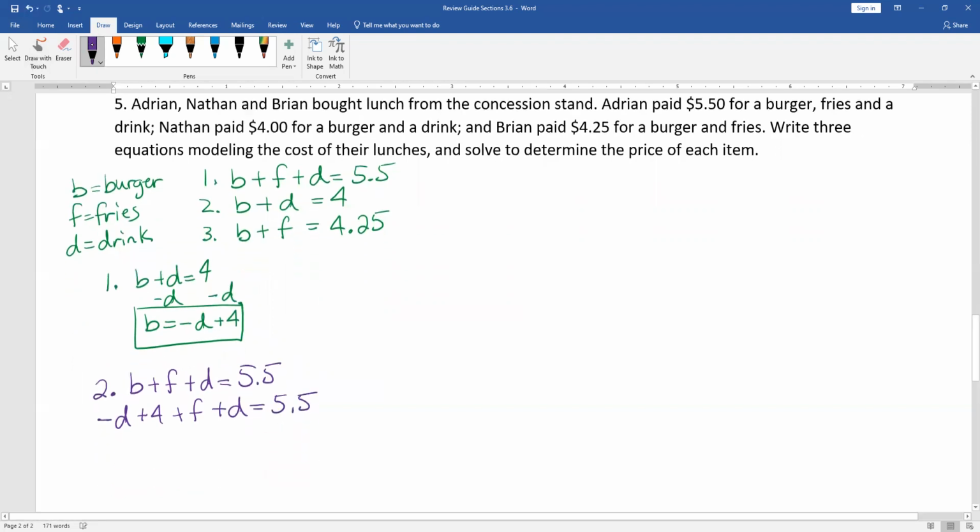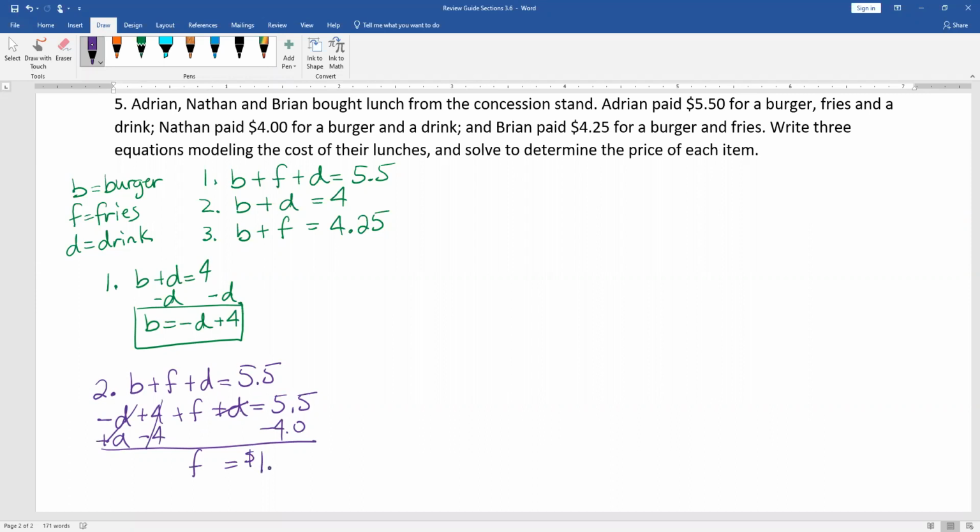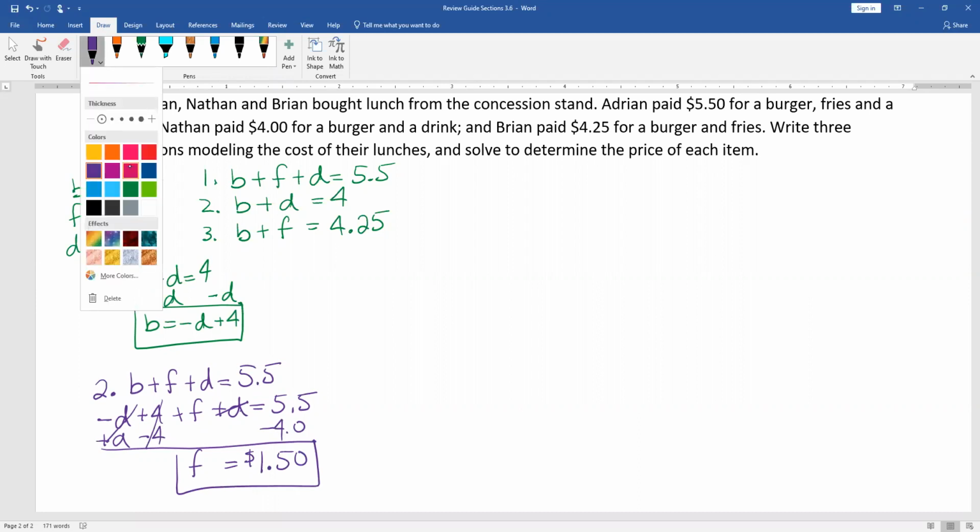When you do this, you'll notice you have a negative D and then you have a positive D. When we add D to negative D, they cancel each other out. And I'm going to move this $4 over. So that cancels, and I'm left with the price of fries, which is $5.50 minus 4, so $1.50. That helped. Sometimes it just works out that way.